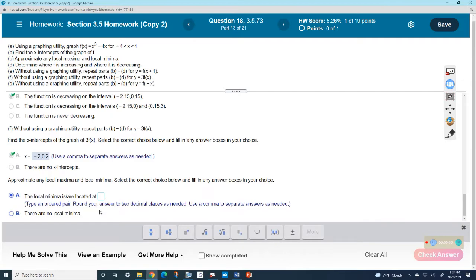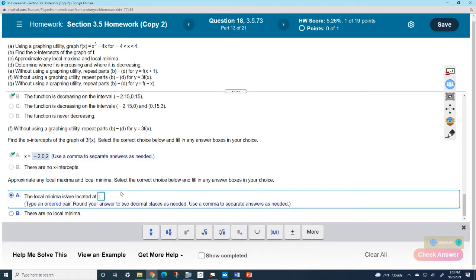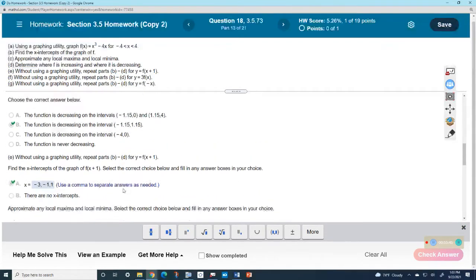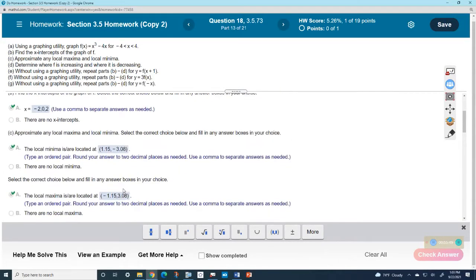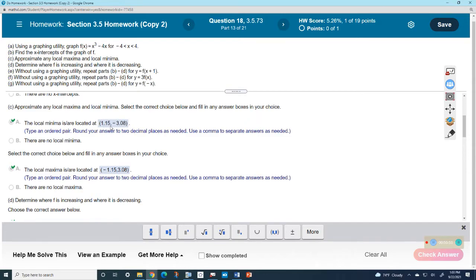This time, my local minimum is going to have the same x coordinate it had the very first time, but the y coordinate is going to be multiplied by 3. So let me get my y coordinate before. My local minimum before was 1.15, -3.08. If I multiply that y coordinate by 3, that's going to be -9.24.